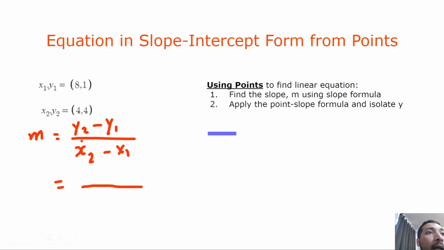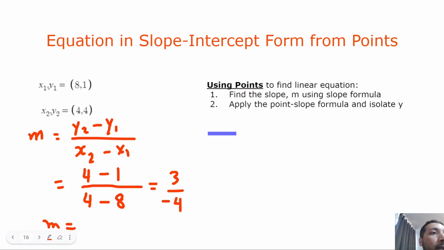We have y2 as 4 minus 1, and x2 is 4 minus 8. So we get 4 minus 1 as 3, and 4 minus 8 is -4. So our slope is m equals -3/4. Now our second step over here is we apply the point slope formula.